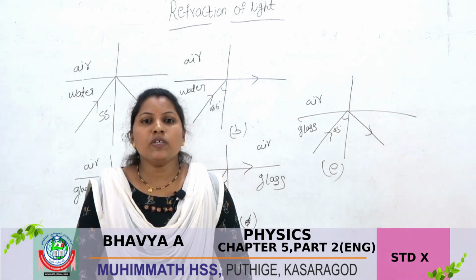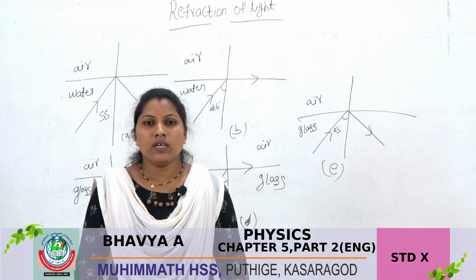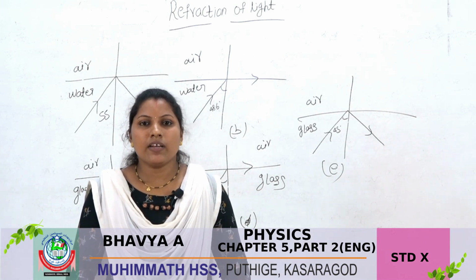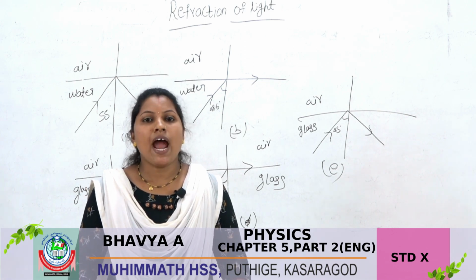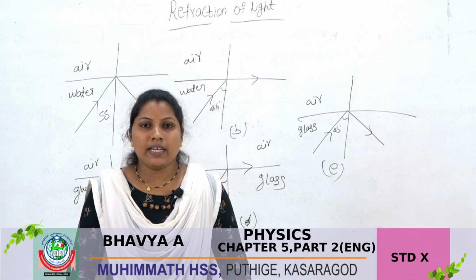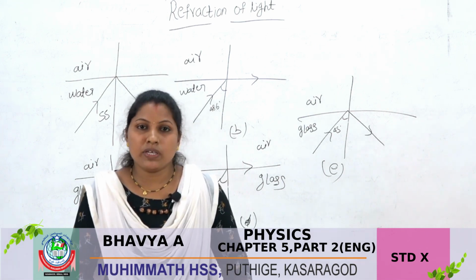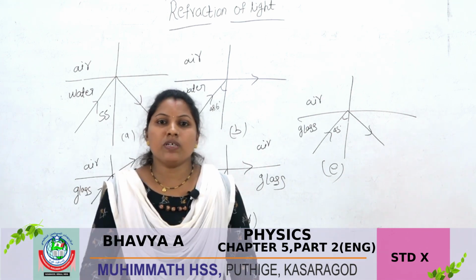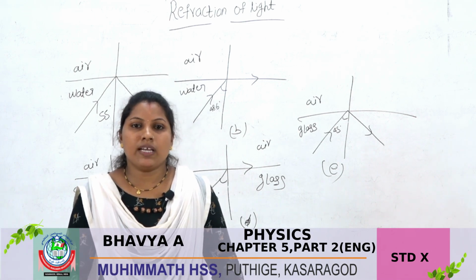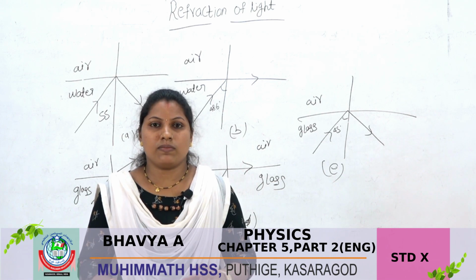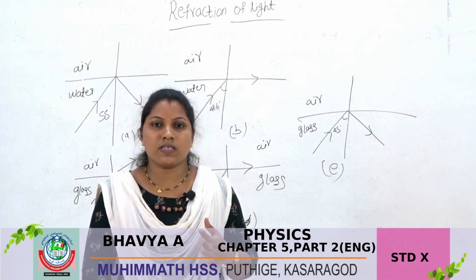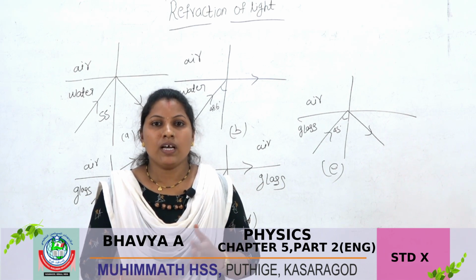Next, in which fields are we using total internal reflection? In the medical field, for the purpose of endoscope, and in the field of telecommunication. In telecommunication, total internal reflection is used. Signals of different frequencies pass through in different areas.